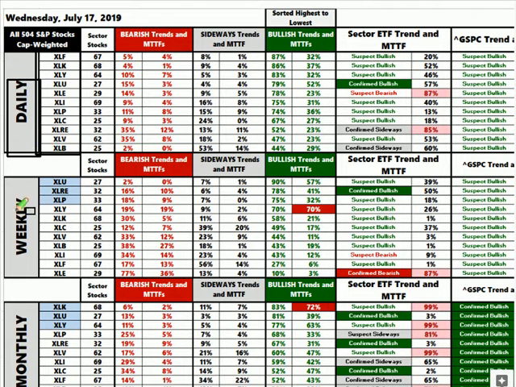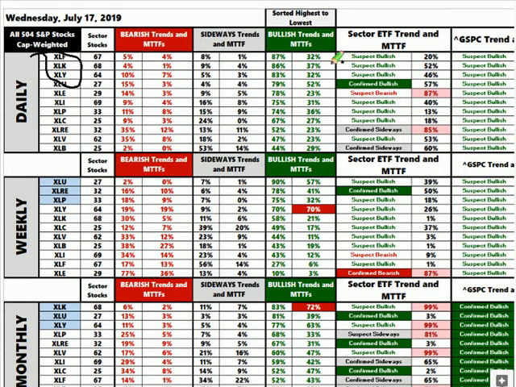We're doing it on all the time frames, daily, weekly, monthly. This work is saying, which ones are the hottest ones? And right now, it's XLF, XLK, and XLY are the primary ones.